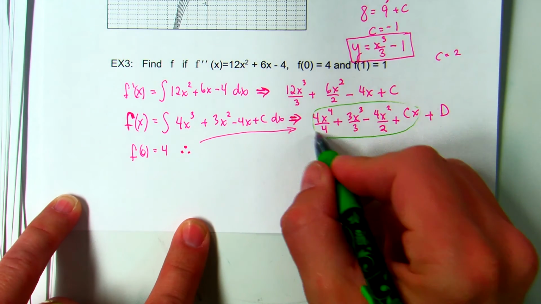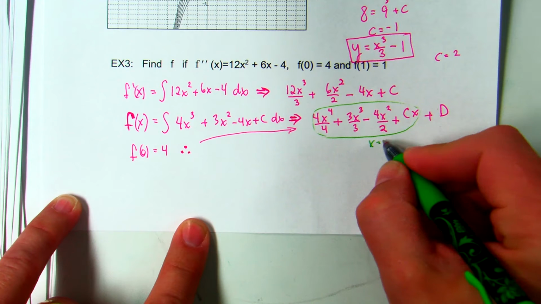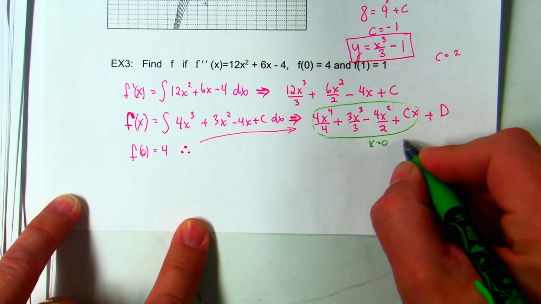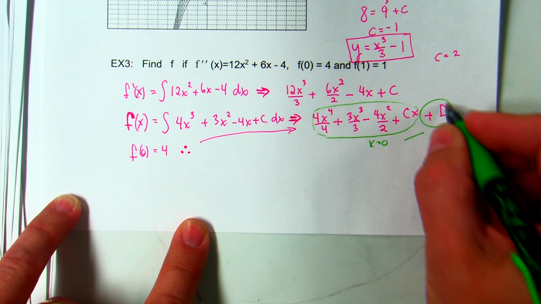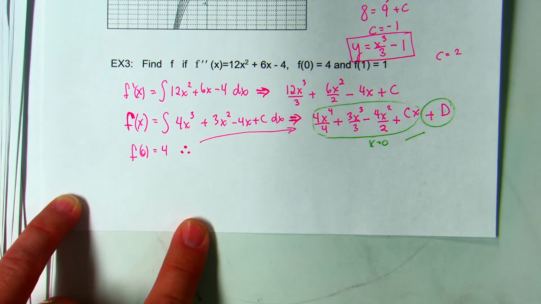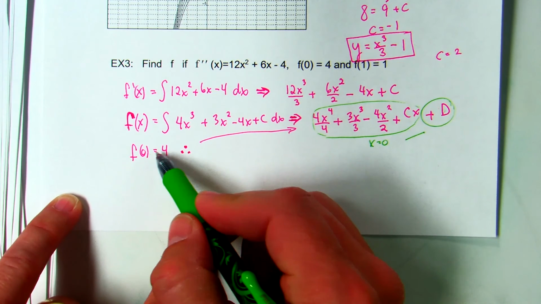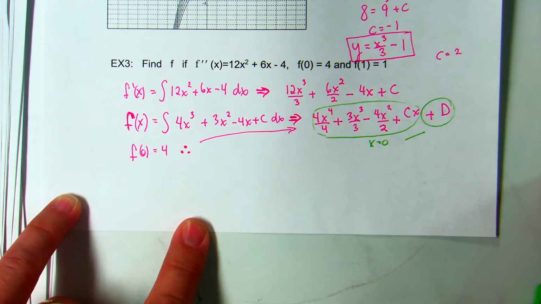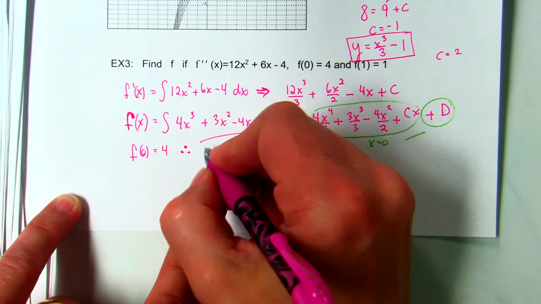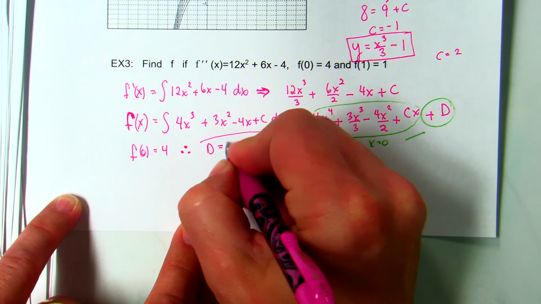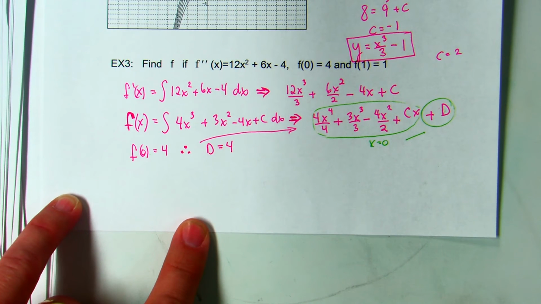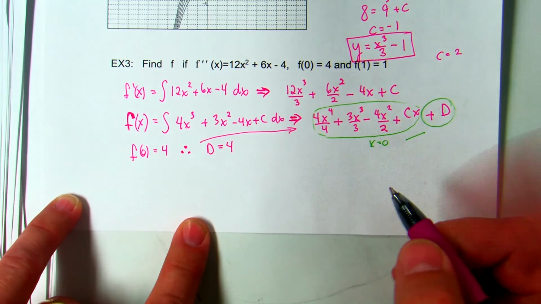All of those terms would have gone away. x equals 0 leaves us with d being the only thing left in that equation. So if f of 0 is 4, then, cute little dots, therefore, d must equal 4. Yes? Does everybody follow that logic? Okay, so now we know what d is.